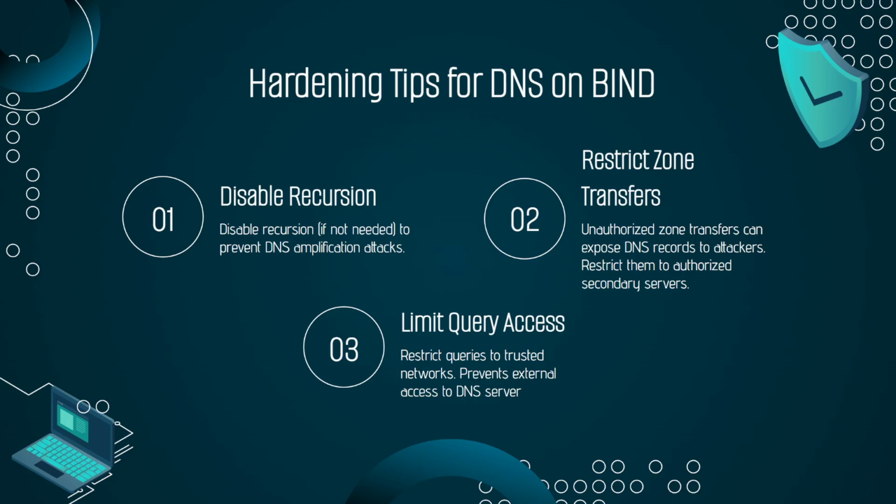By ensuring that only trusted networks can query the DNS servers, admins can reduce the risk of external threats that are attempting to exploit the system. You can enable DNSSEC as it provides an additional layer of protection by ensuring DNS responses are signed and authenticated, and this will help prevent manipulation and spoofing attacks.